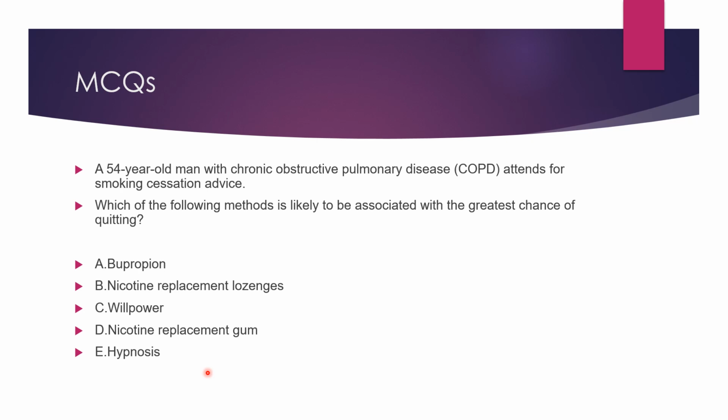There are some studies that suggest bupropion has a success rate which is more than the nicotine replacement therapies. So this can be the correct option. Bupropion is the correct option. When there is an option of varenicline in the options, varenicline in combination with motivational support has higher quit rates compared to bupropion.